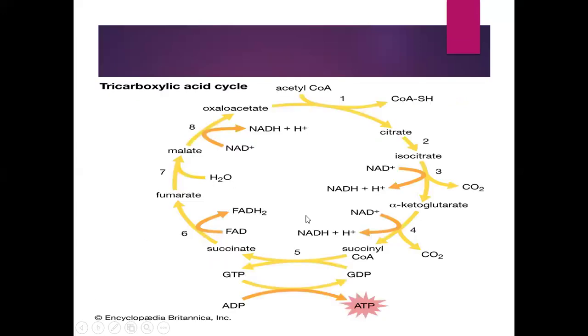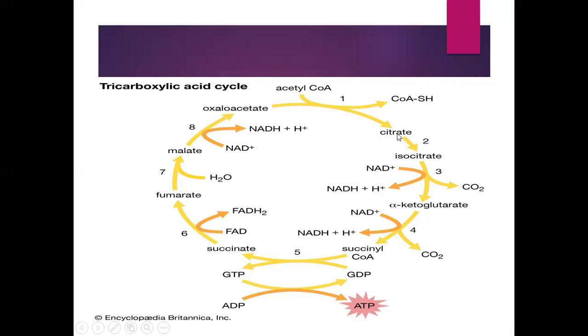Now, the diagram here shows the tricarboxylic acid cycle, known as the TCA cycle. Pyruvate produced from the glycolytic pathway produces acetyl-CoA, which condenses with oxaloacetate to form citrate.